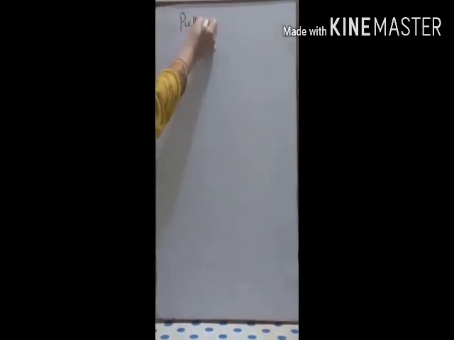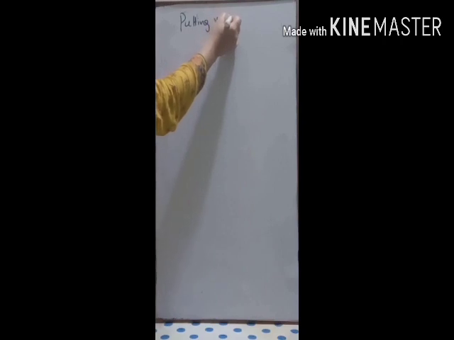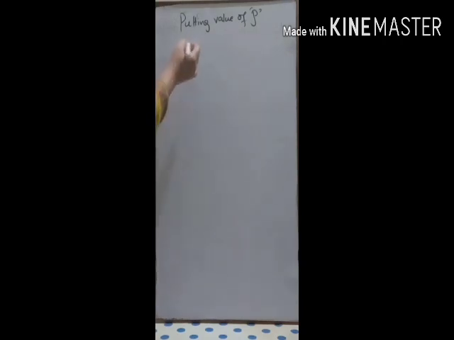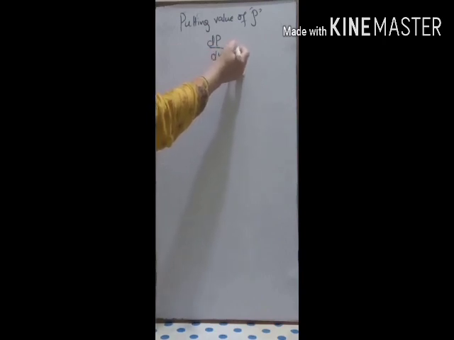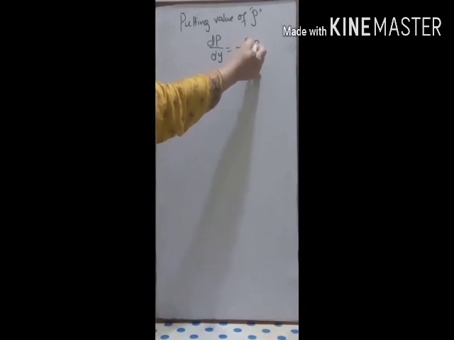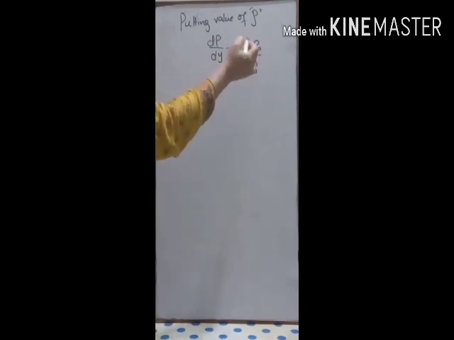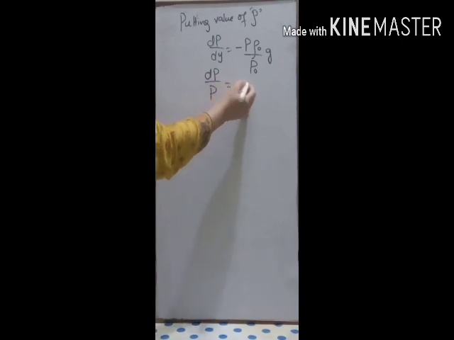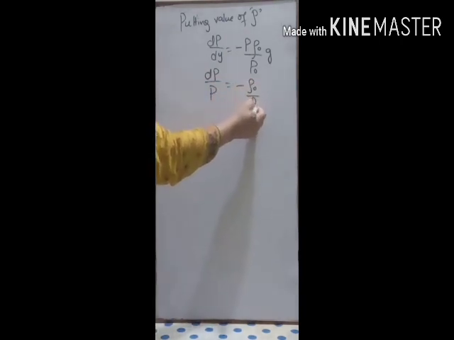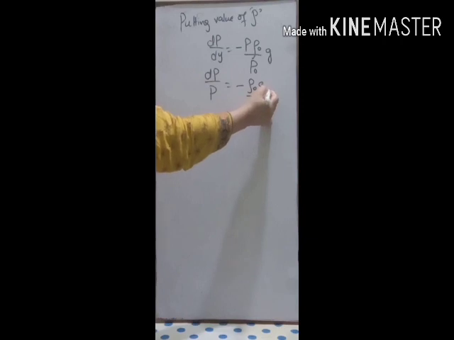Putting the value of rho in the equation, dP over dy is equal to minus P rho naught over P naught into G, then dP over P is equal to minus rho naught over P naught G dy.